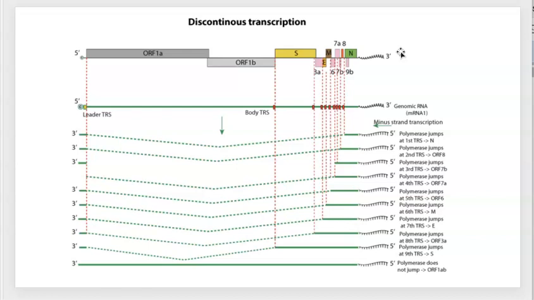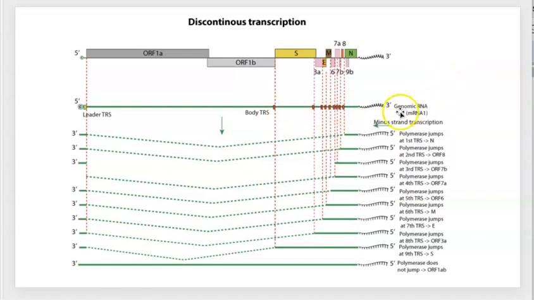But as I've mentioned, there's this concept of discontinuous transcription, where the first process is the production of minus strands. Here's our genomic RNA pictured here, and within the genomic RNA is a leader transcription regulating sequence, as well as body transcription regulating sequences, pictured with these little red rectangles.